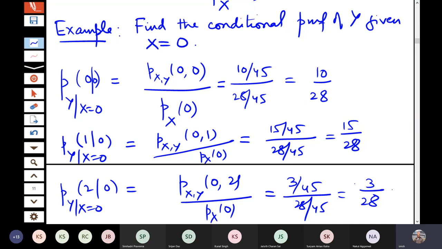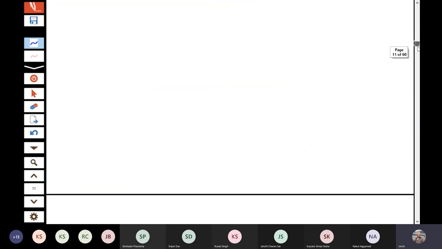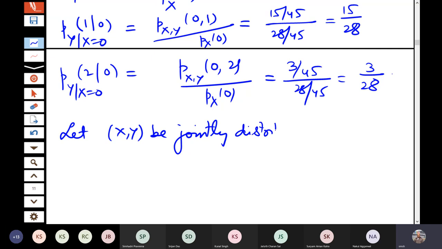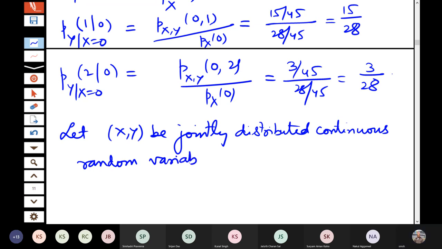If both the random variables are continuous, we call it a jointly continuous random variable. Let X, Y be jointly distributed continuous. So we will have joint probability density function.